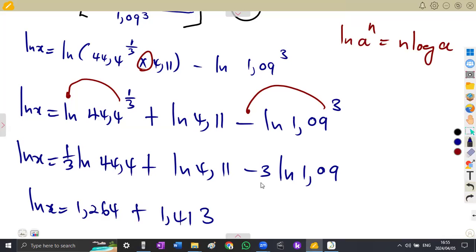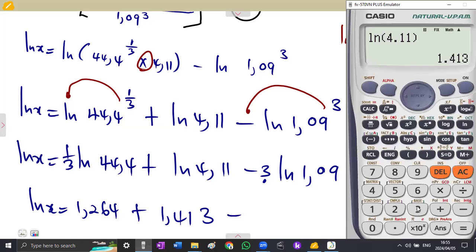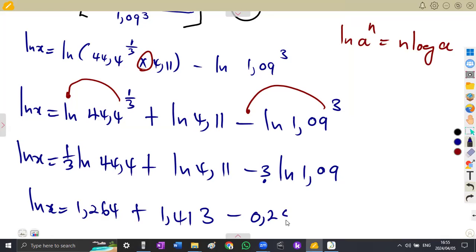So that's 1,413. Minus, we subtract 3 log which is 3 ln. So this is 3 ln 1,09 like this. So if we were to simplify this, this is going to give us 0,259.